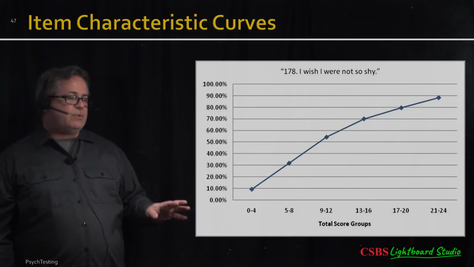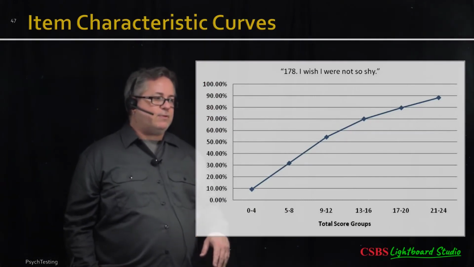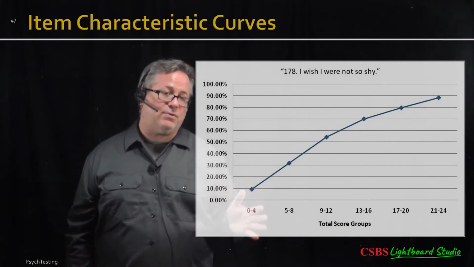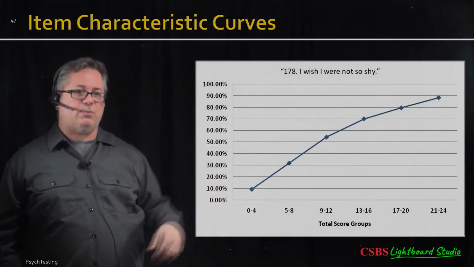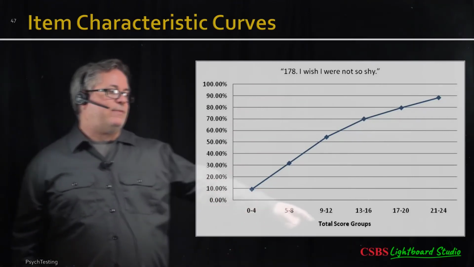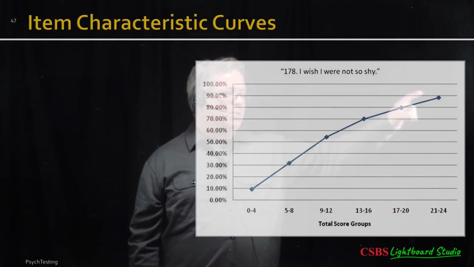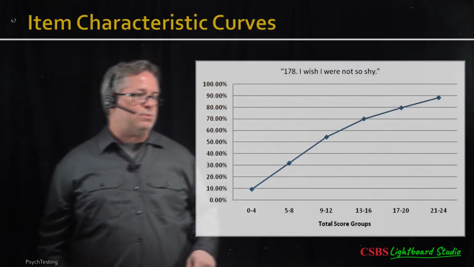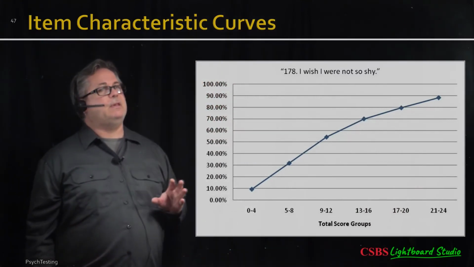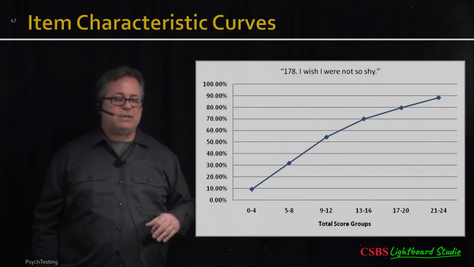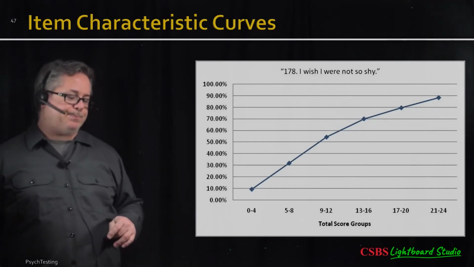Part of this question is a little bit tricky because there are people who have social anxiety and wish they didn't. There are people who have social anxiety and don't care that they have it and don't wish that they were not so shy. So having high social anxiety doesn't actually guarantee that you'll endorse this item. It's not as clearly and simply related to social anxiety as it might seem.